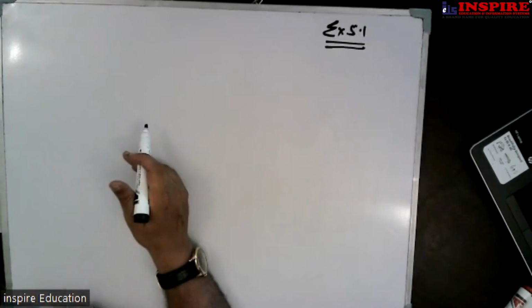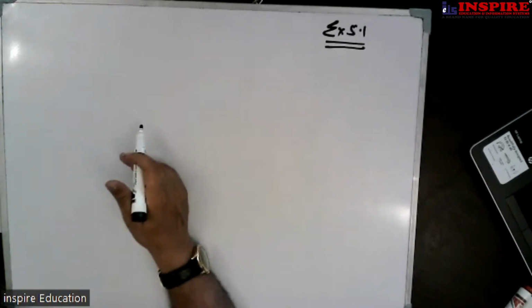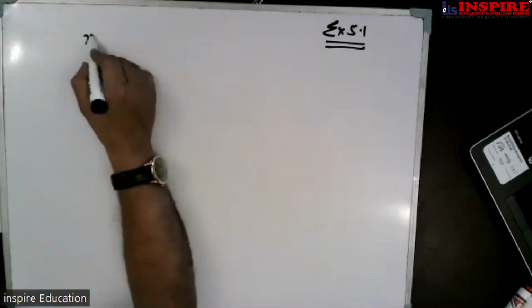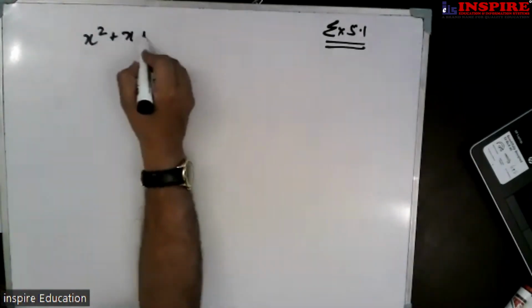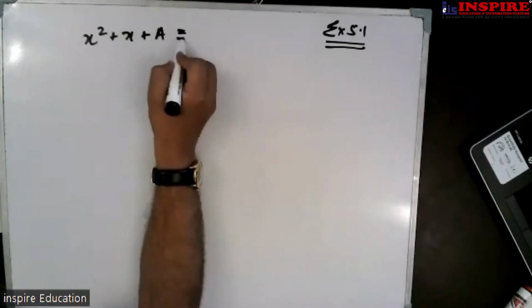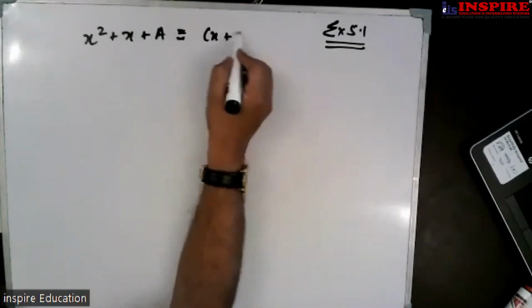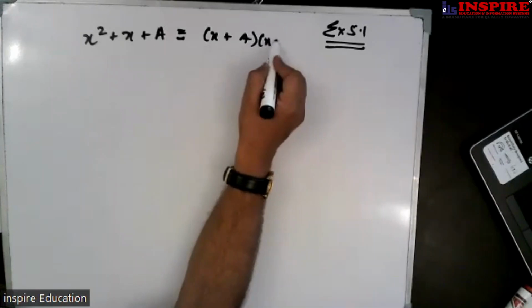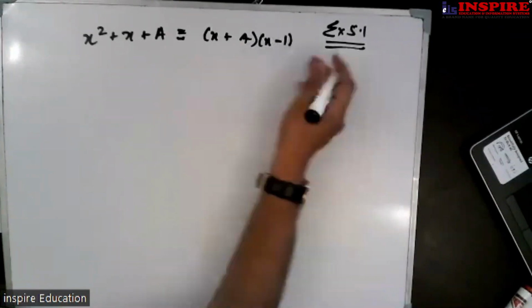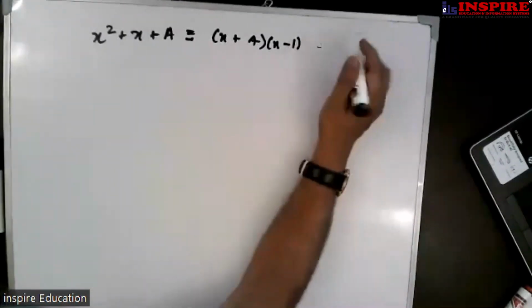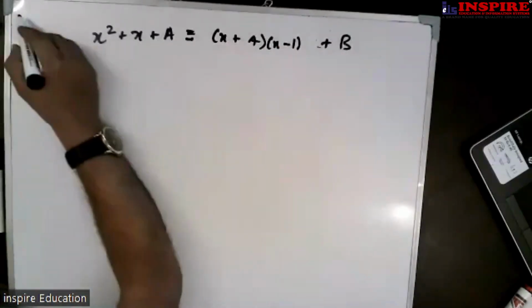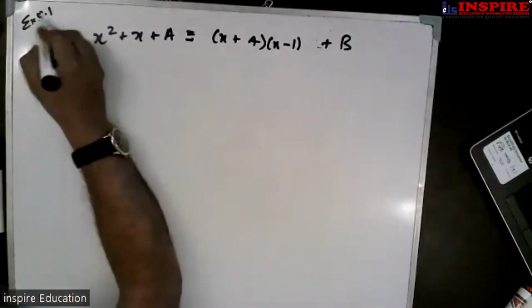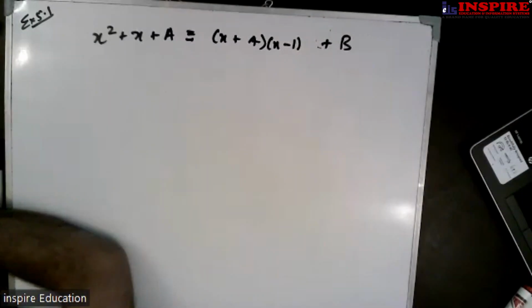I will simply go to a question similar to x squared plus x plus a is identical to x plus a into x minus 1 plus b. I repeat myself, exercise 5.1. I have jumped to question number 6.